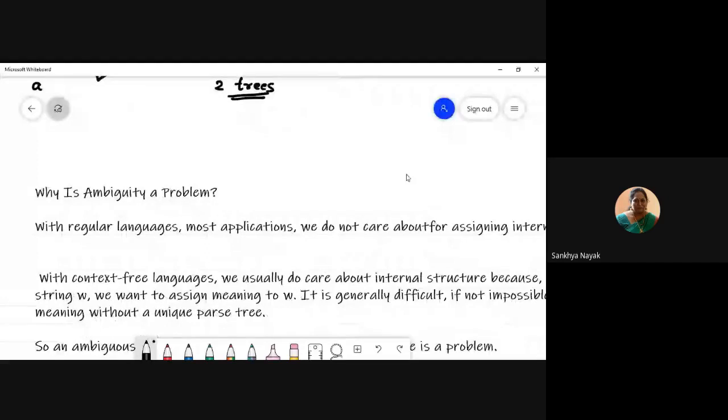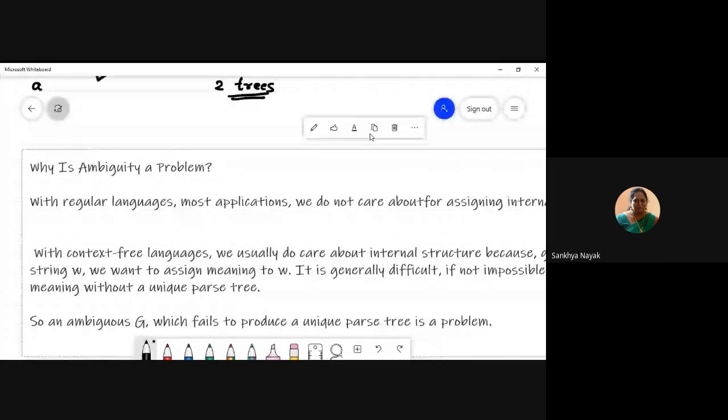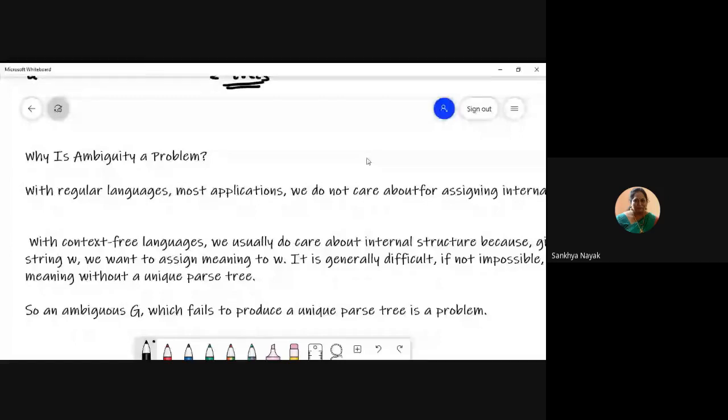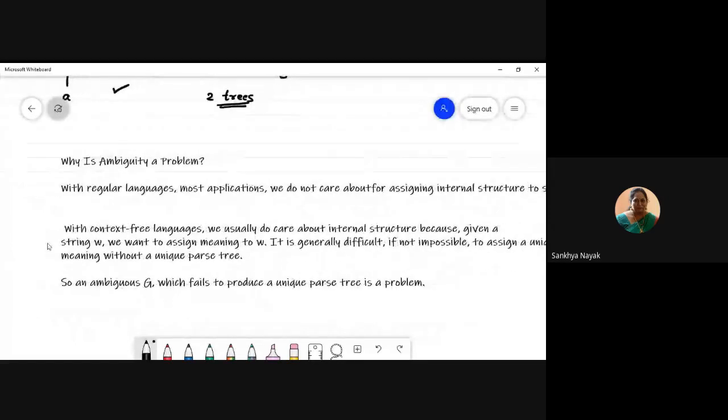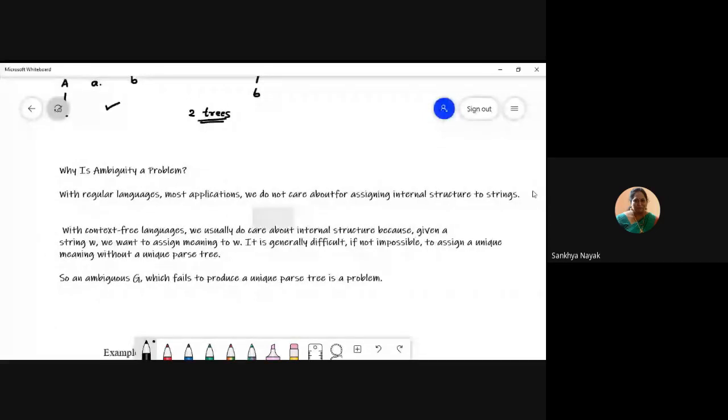Now your question might be, what is wrong with ambiguity? What if ambiguous grammars are there? Why can't we have an ambiguous grammar? Again, in the beginning of the class, I told you, with regular grammars or regular languages, we don't care about internal structures. We are only interested in pattern matching.